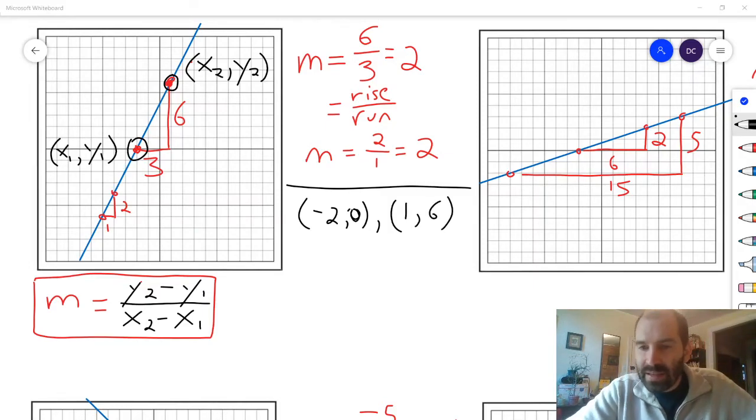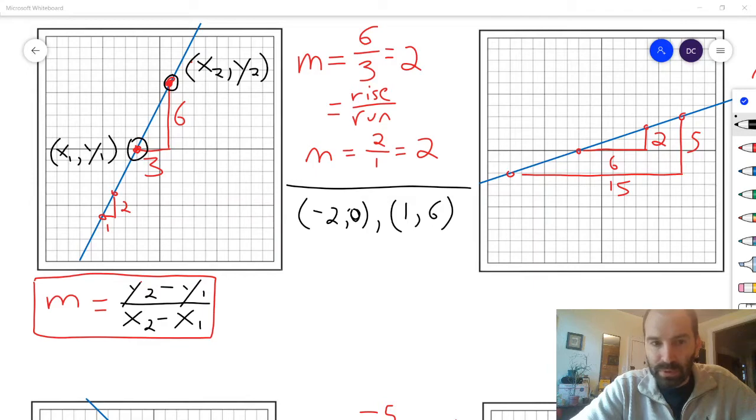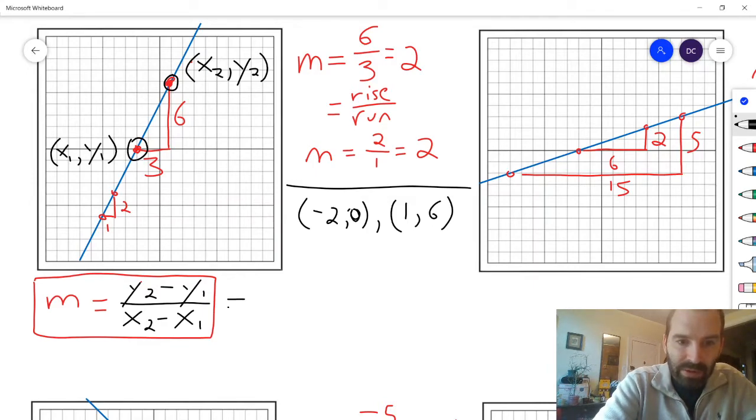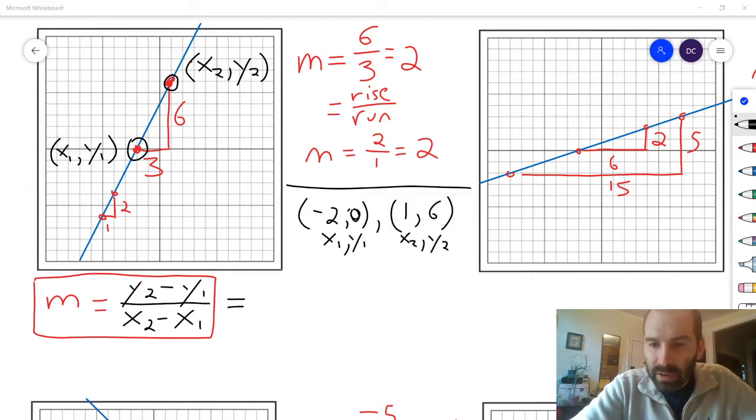So even if I didn't have the picture, if all I knew was that it went through these 2 points, I could use the formula that we just wrote down to compute the slope. What would that come out to? Well, we call one of these points our x1, y1, and the other one our x2, y2. Okay?